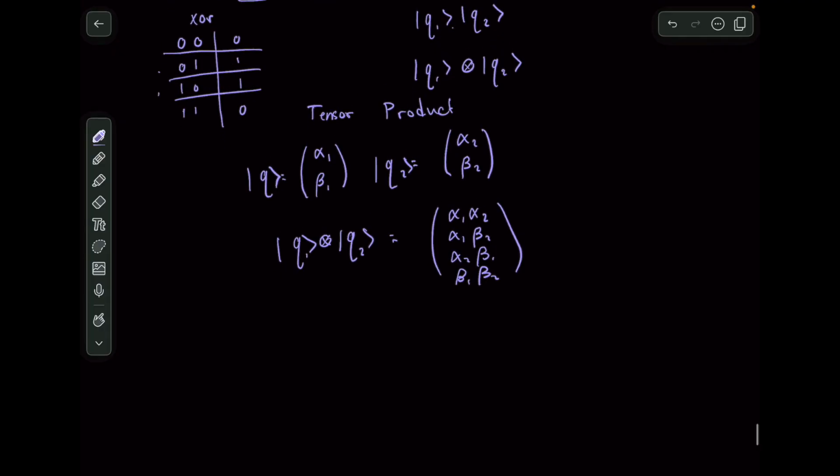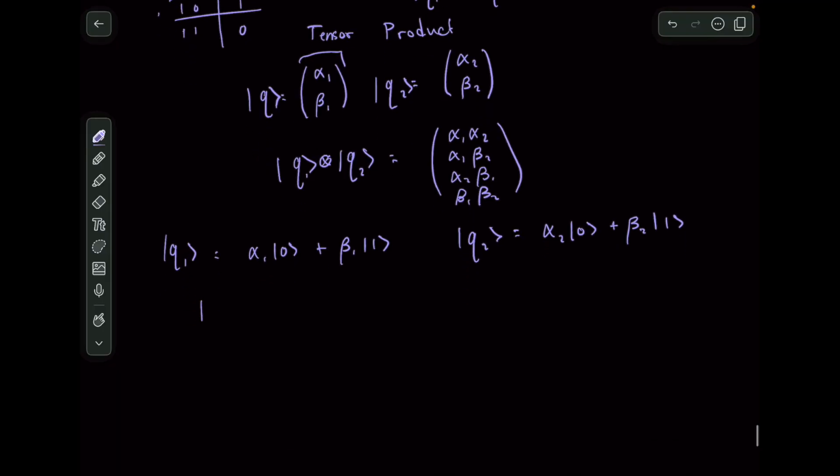And this just looks like ordinary multiplication if you write out your qubit in a different basis. So let's say we have Q1. Given the way I described it up here, in the computational basis, this looks like alpha 1 |0> plus beta 1 |1>, and then Q2 is alpha 2 |0> plus beta 2 |1>. So this tensor product is really just ordinary multiplication when you look at it like this.